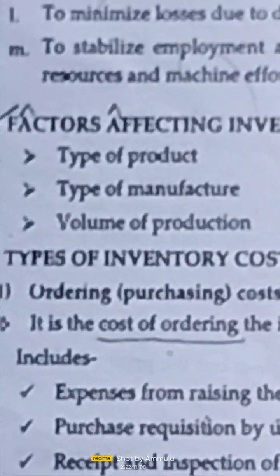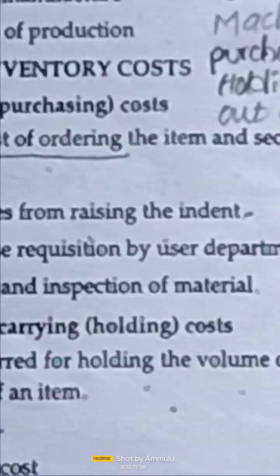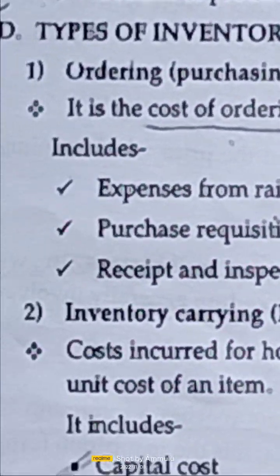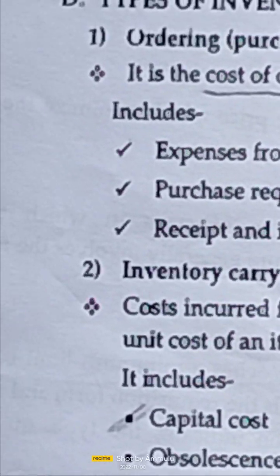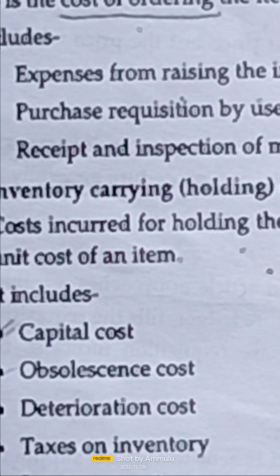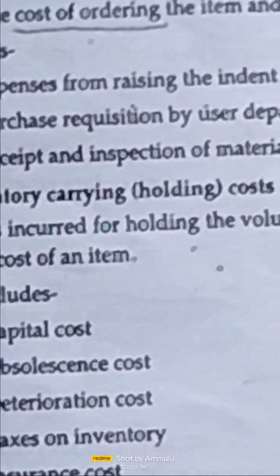The types of inventory and the types of inventory cost are both different, okay? Here the types of inventory cost: ordering cost, inventory carrying cost, out of stock cost, and other costs. These are the 4 types of costs.